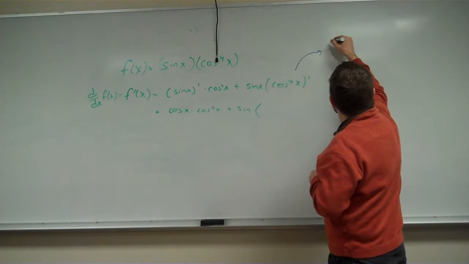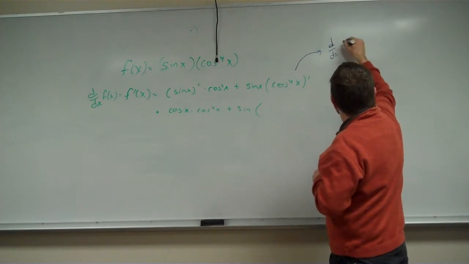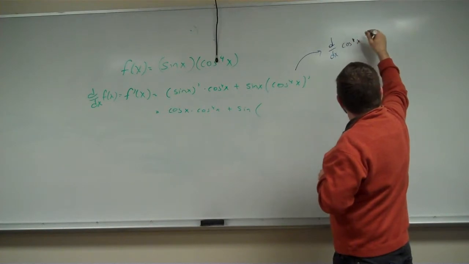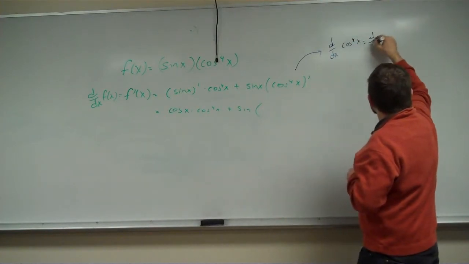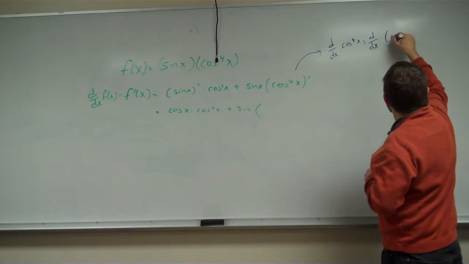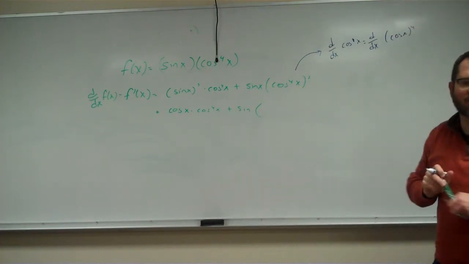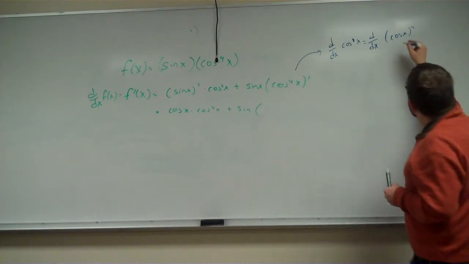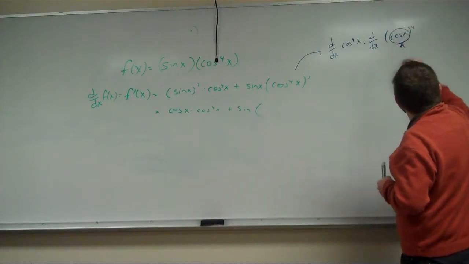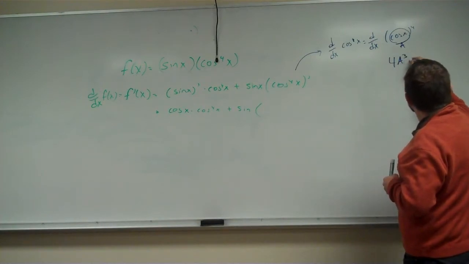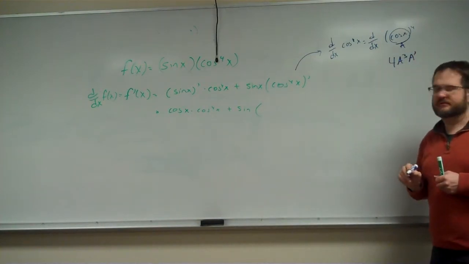The derivative with respect to x of cosine to the 4th power of x. Okay. In case you're not clear about that, that's the derivative with respect to x of the cosine of x all to the 4th power. That's a chain rule problem. Where our a is this thing on the inside. So this is going to be 4a cubed a prime.